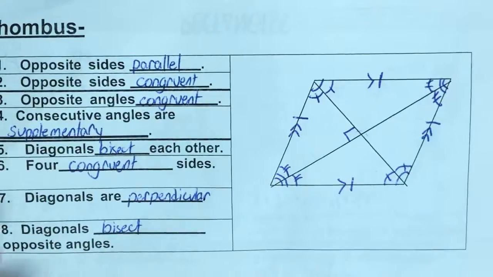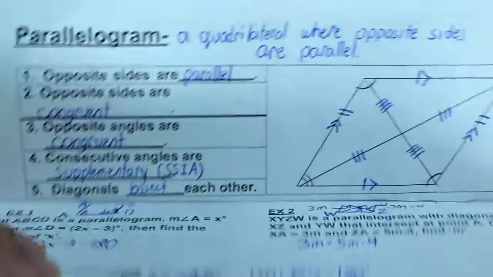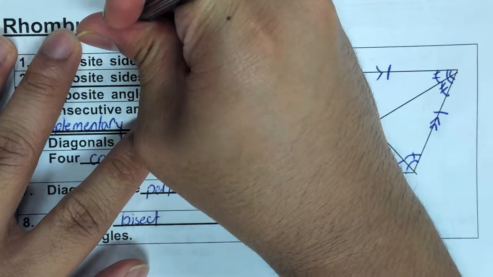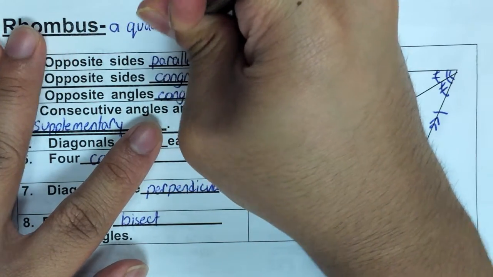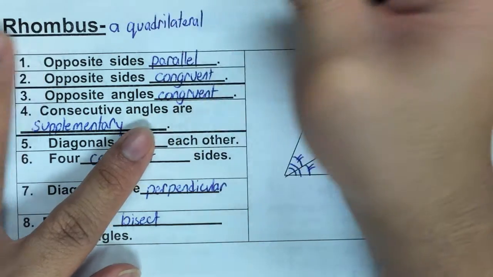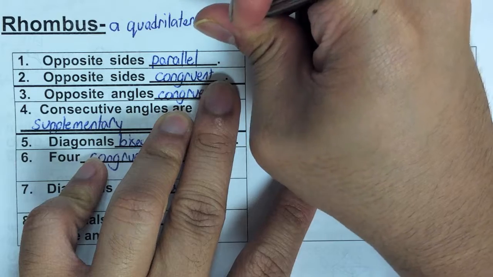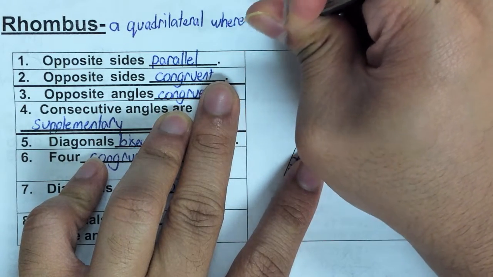So there you have properties for rhombus, and just like with rectangle definition and parallelogram definition, the minimum definition of a rhombus is it is still a quadrilateral where opposite sides are parallel, which makes it still a parallelogram.